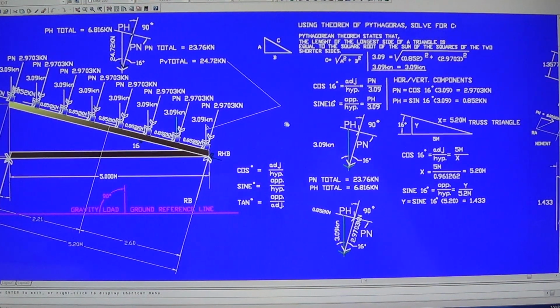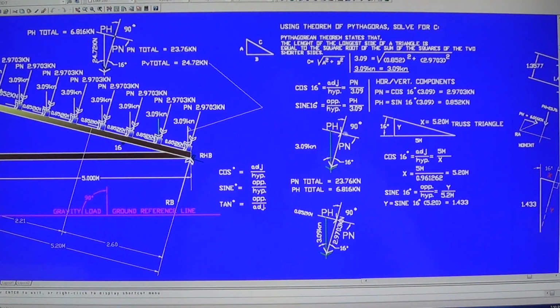To get X, the rafter, since we have the adjacent side and the angle, 16 degrees, and it includes the adjacent and the hypotenuse, we use the cosine function.